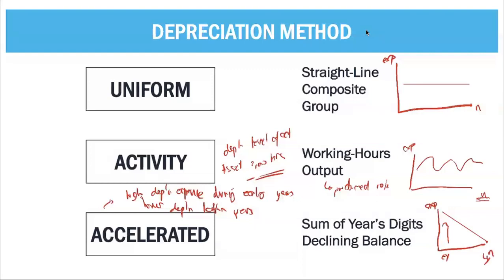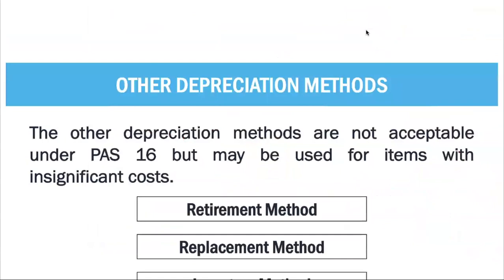We accelerate the depreciation during the early years, but we provide for smaller depreciations during the latter years. So depreciation method: uniform, equal; activity, differs depending on your activity, working hours or output; accelerated, pababa yung ating depreciation. We have higher depreciation expense during early years, lower during latter years.